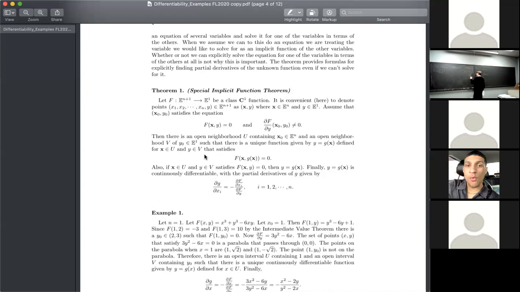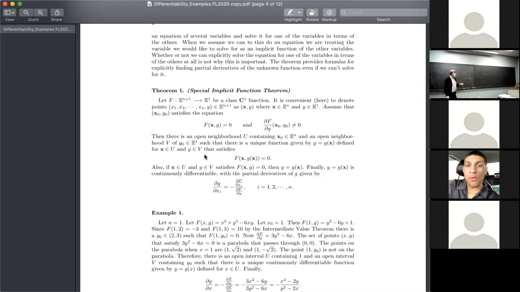Where is it that, if I differentiate with respect to y, this is not 0? Every place except there and there. So what you're assuming in this function theorem is that we are not in a place where the tangent line might be vertical, okay? And in this simple function, that happens here and here.